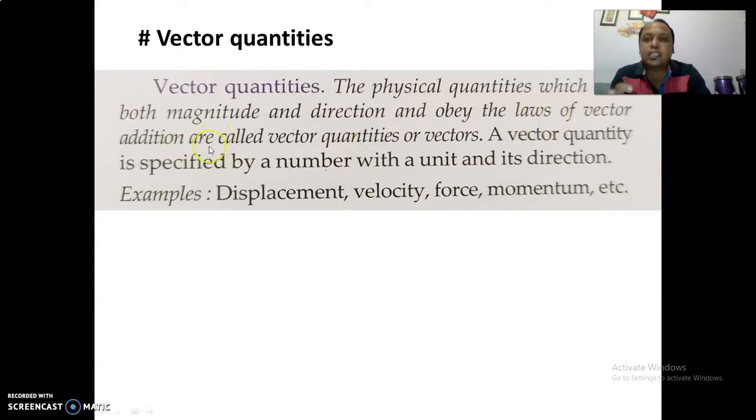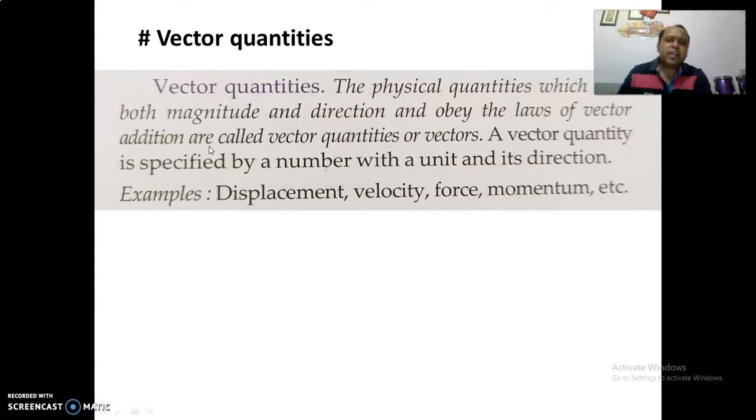You have not done this till now, but in this chapter we will be discussing the laws of vector addition. So all the vector quantities follow the laws of vector addition. To define it, a vector quantity is the quantity which has magnitude plus it has direction also.